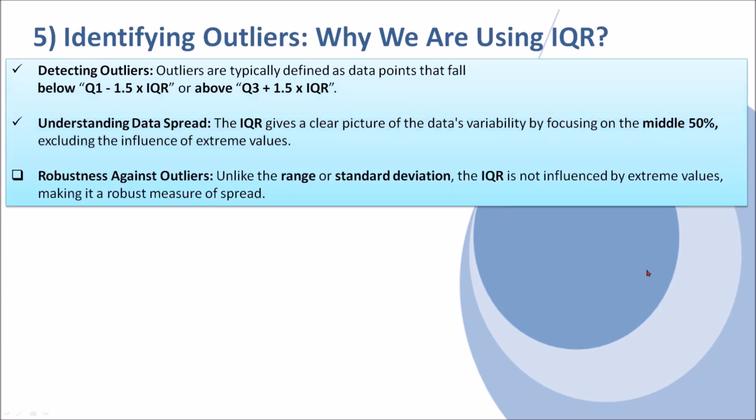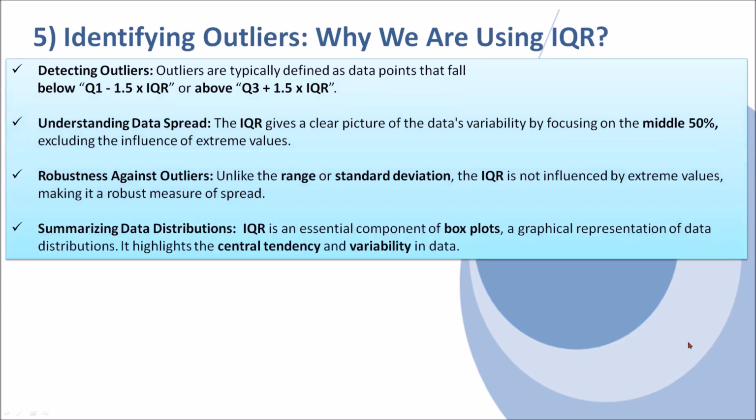This is very clear. Then, unlike the range or standard deviation, the IQR is not influenced by the extreme values, making it a robust measure of spread. The IQR is an essential component of the boxplot, a graphical representation of data distributions. It highlights the central tendency and variability in data.